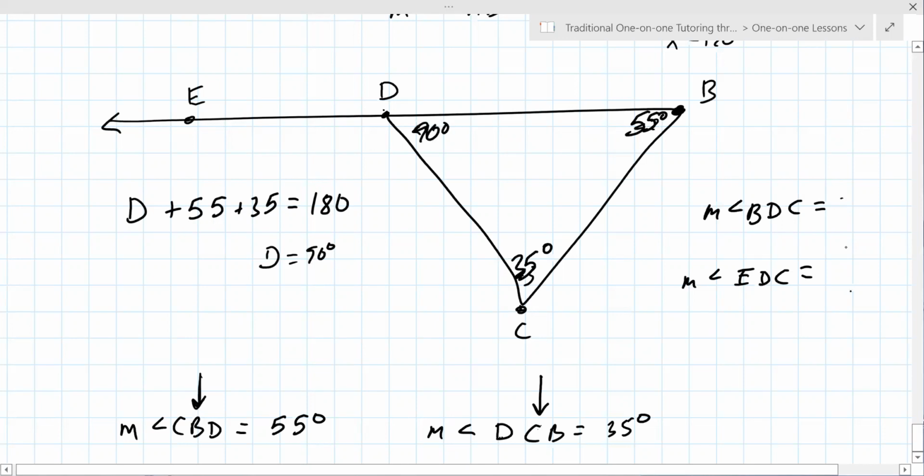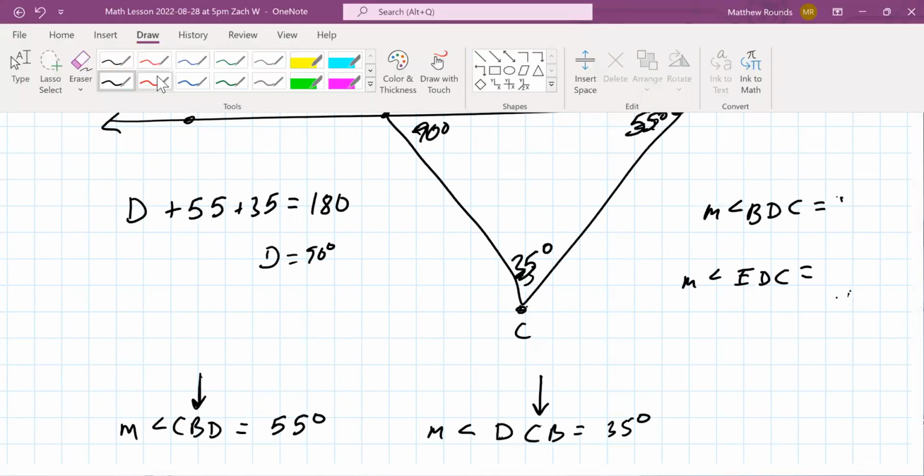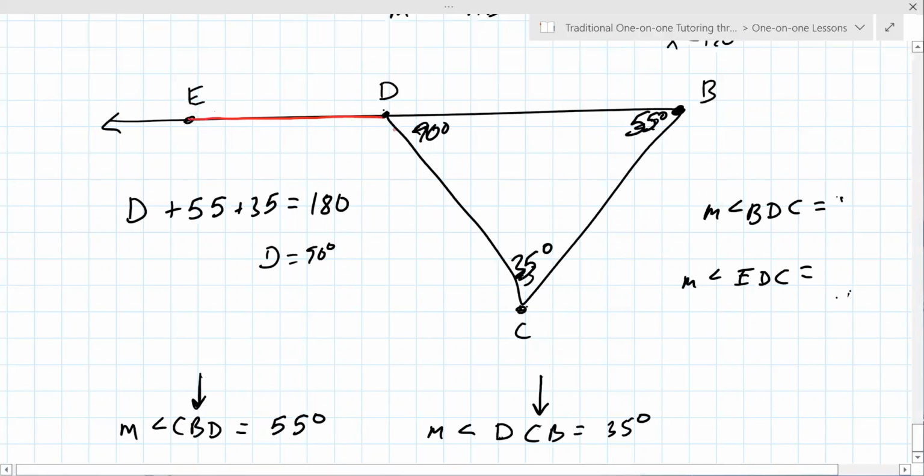Now, which of these two is that? That would be EDC. So E to D to C. No, that's over here on the left. Somehow, and I'm not conveying it, E to D to C is this angle right here, and that's not 180 degrees.